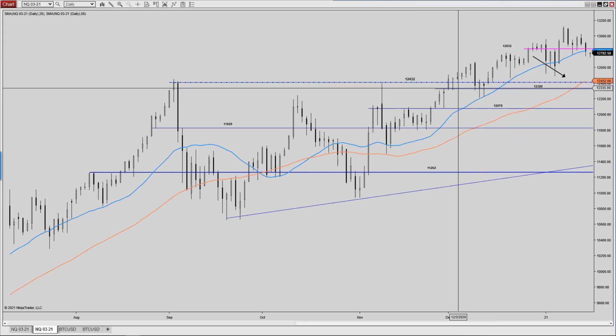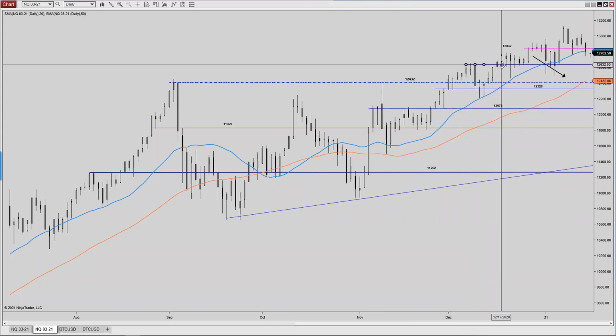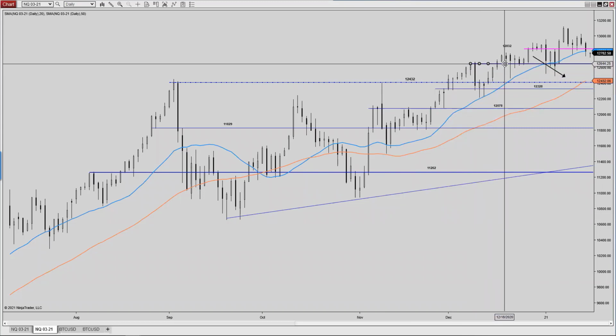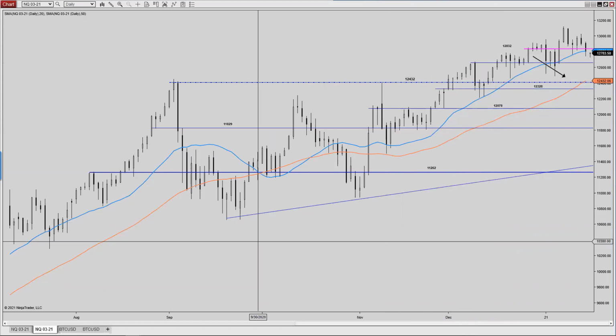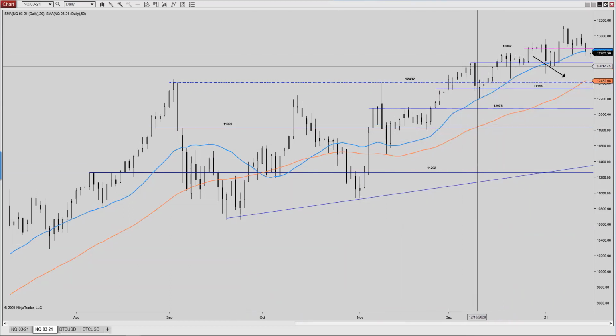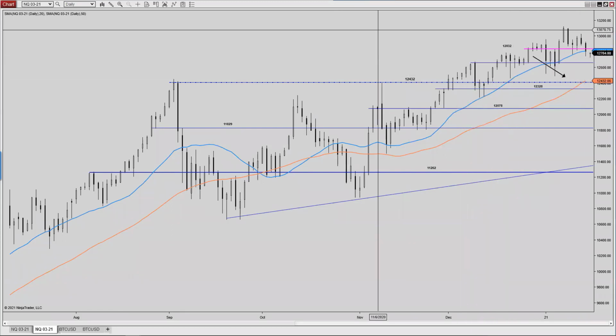Matter of fact, let's go on and, there you go. It's actually 656. But you can see here, now you can see what I'm referencing as far as that level.